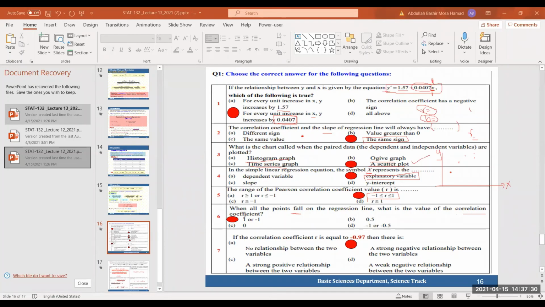R could be 1 if the regression line is positive, could be -1 if the regression line is negative, cannot be 0, because actually it is a perfect correlation, perfect relation.